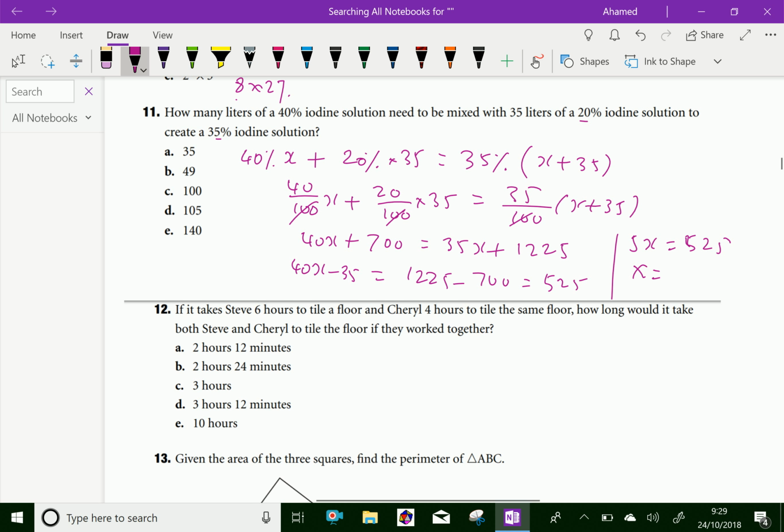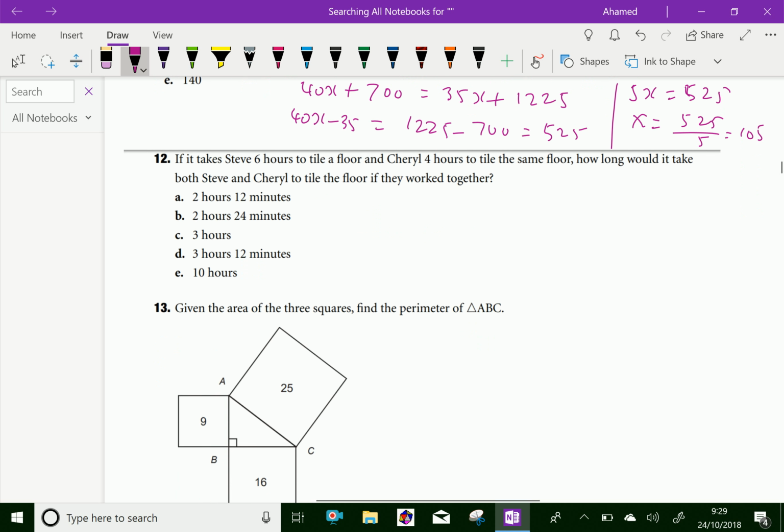Therefore x is 525 over 5, which gives 105. So we have to add 105 liters of 40% solution to get 35% iodine solution. So our option is D.